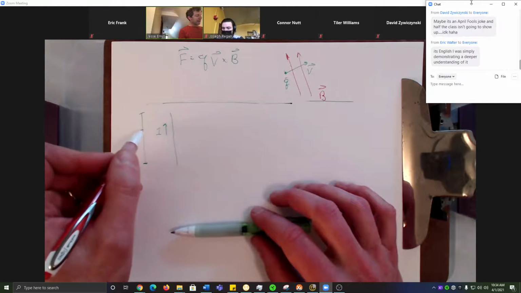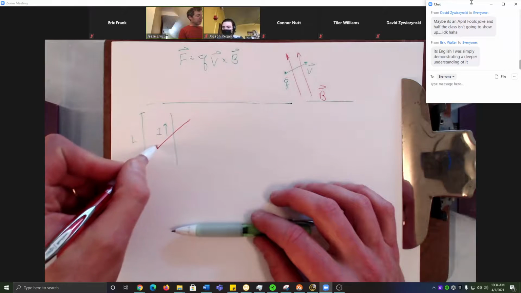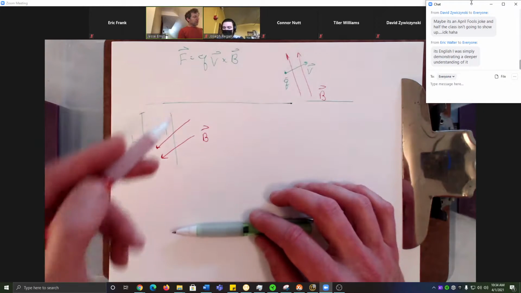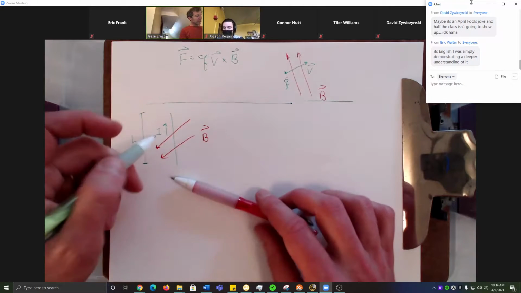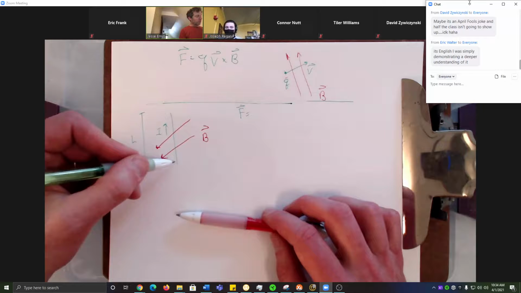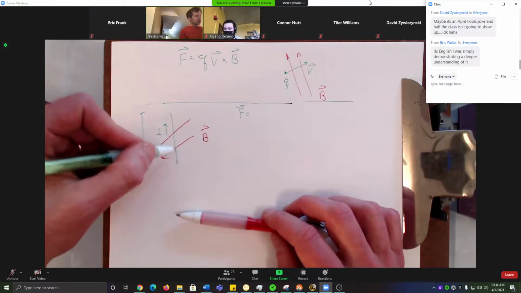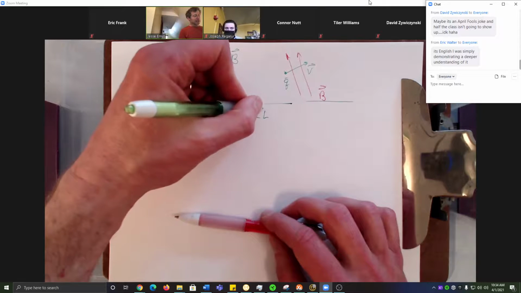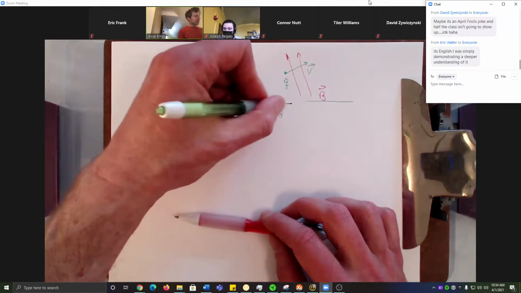And you have a B field that goes this way. We derived last time that the force on the wire, from treating the current in the wire as a bunch of charges moving at some velocity, is I times L cross B vector.